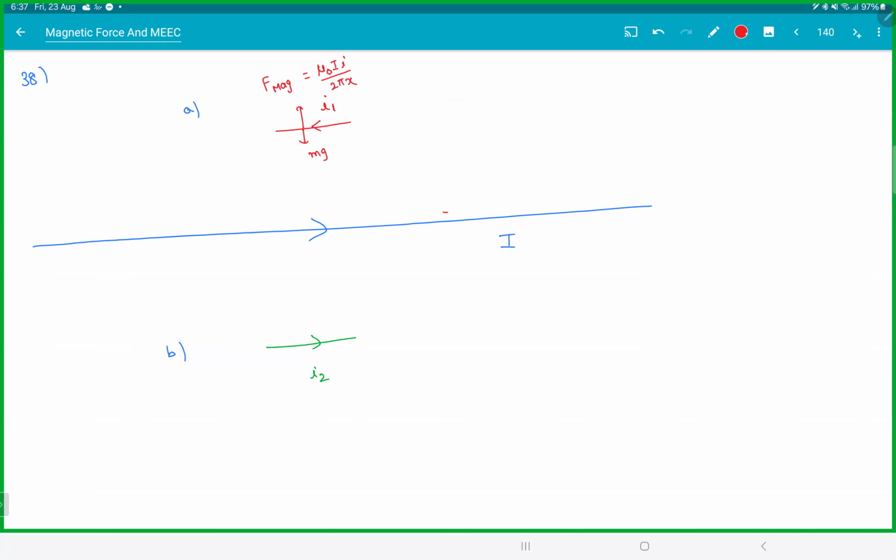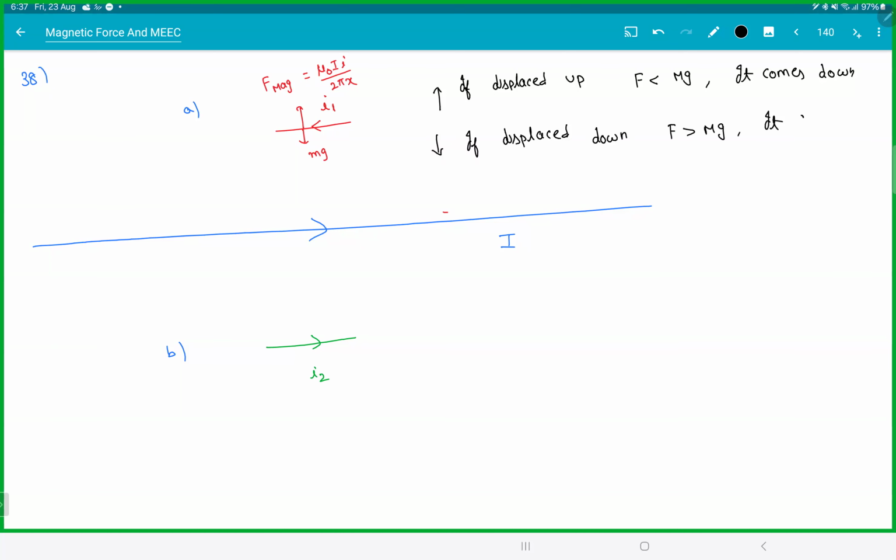Now, if this is displaced up, then the magnetic force becomes less than mg, so this comes down. The mg will dominate, so it will come down. Isn't that what should happen in a stable equilibrium? Vice versa. If you push it down, you always displace it and see whether you're coming back or not. If you displace it down, you're getting closer, then the repulsion will become greater than mg. Mg will never change, it goes up. This is a proper case of stable equilibrium.